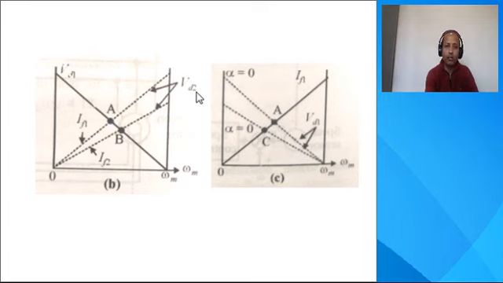Similarly, suppose we are choosing another value of field current, that is IF2. Then for this IF2, here we obtain the equilibrium point, or we can say the steady state point is point B, where VD1 and VD2 both are equal.